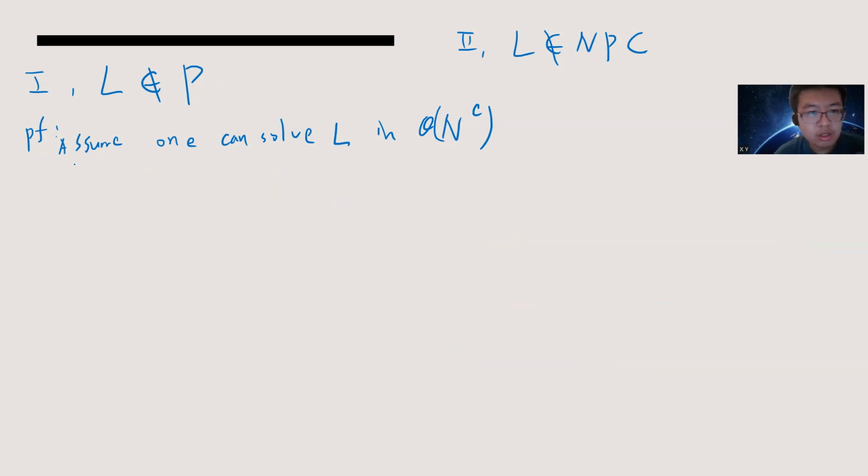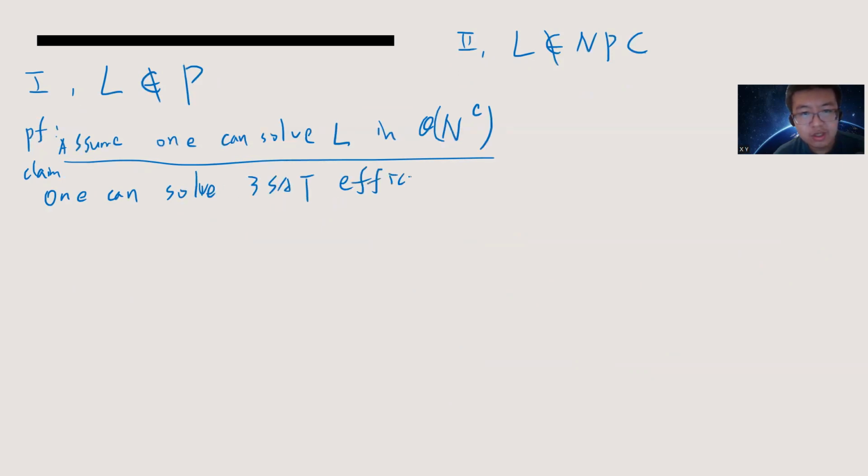So we have this, and then we claim that one can solve 3SAT efficiently. Why? Because you can first check the input. You just need big O(n) time to find the input. Then you just check it, so you first run big O(n) on the input.